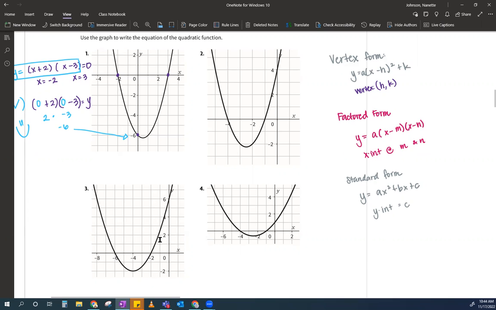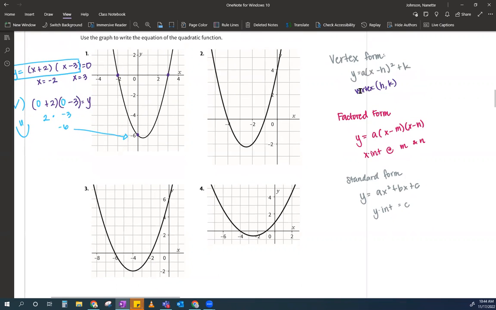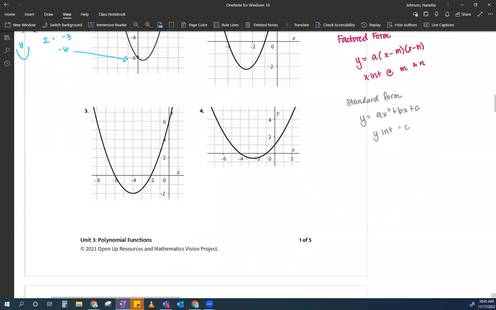So I'm going to do number 3. For number 3, I would definitely use factored form. You can also use vertex form if you want, but I'm going to use factored form because that's kind of my preference right now. The first thing I'm going to do is pull off the x-intercepts, this one right here and this one right here.